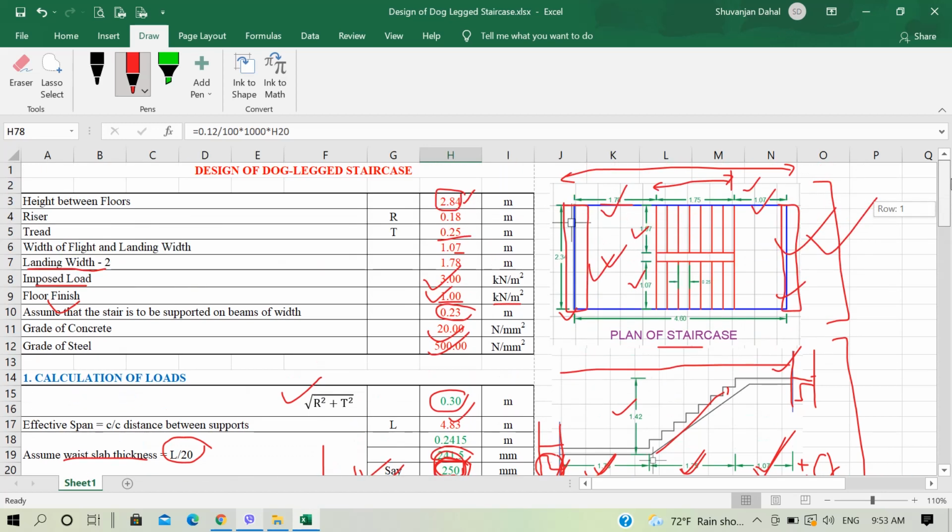So this is the end of our lecture on design of this dog-legged staircase. I think this is lecture 15 of our lecture series on RCC earthquake resistant design of residential building, and this might be the last lecture of this particular series.